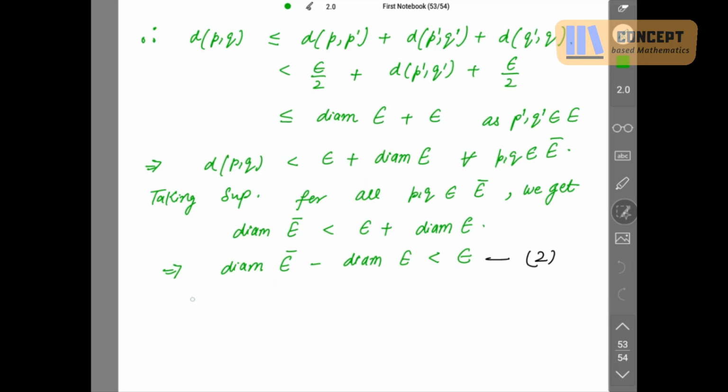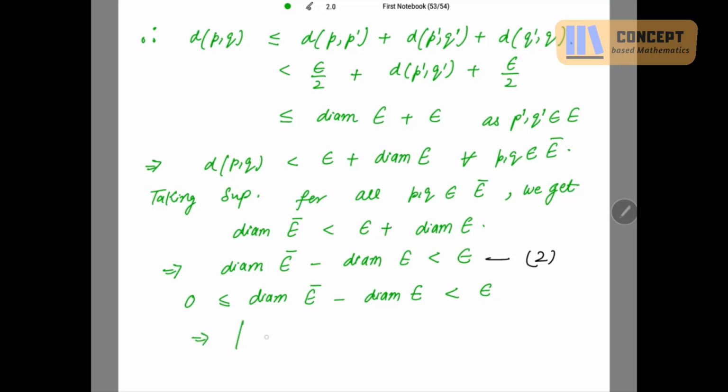That means 0 is less than or equal to diameter of E bar minus diameter of E, which is less than epsilon, which implies the modulus of diameter of E bar minus diameter of E is equal to 0, which further implies that this difference is equal to 0.